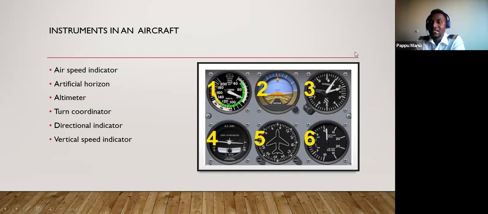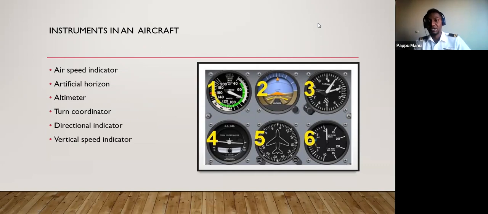I just want to know if you can point out which one is what on the screen. Number one is the airspeed indicator. It says how fast your aircraft is going. That is the function of the instrument named one in the picture. So that is like the speedometer in your car. That one tells you how fast you're going.